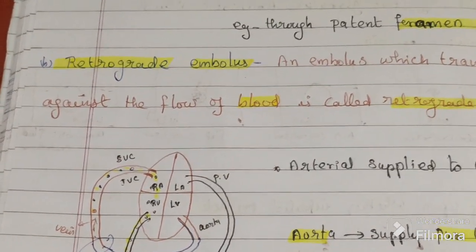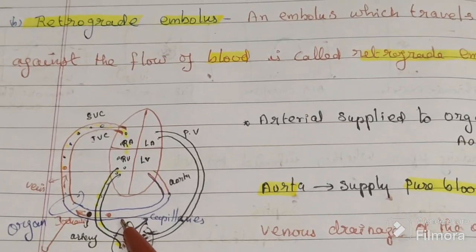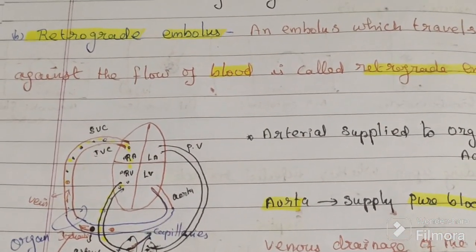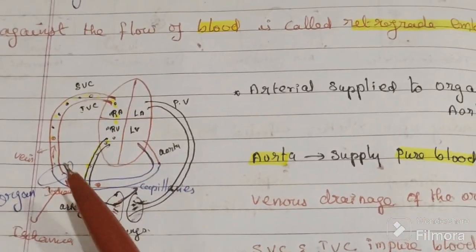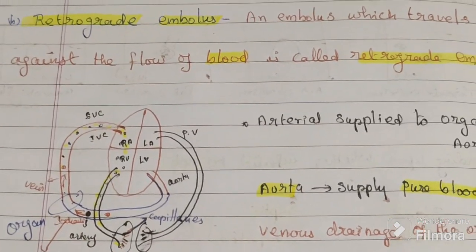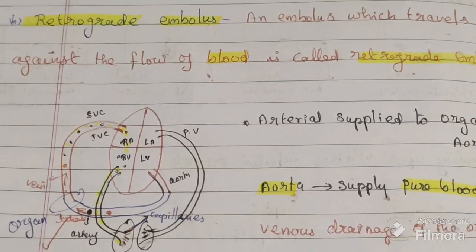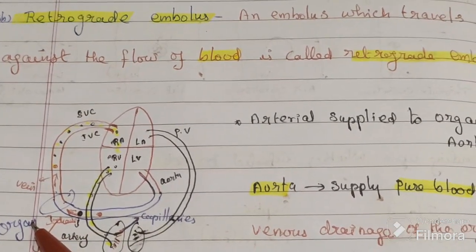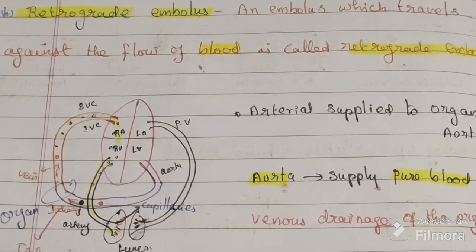Imagine that the embolus is present in this artery. What will happen? The arterial blood flow is obstructed because of the embolus. That organ will not get pure blood because the artery is obstructed. It will lead to ischemia of that organ.